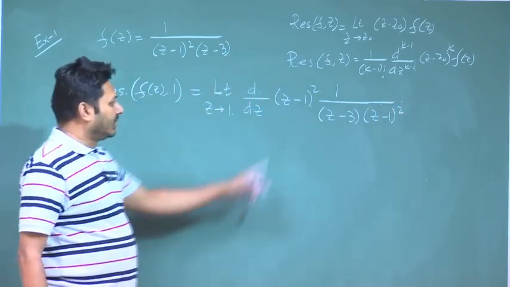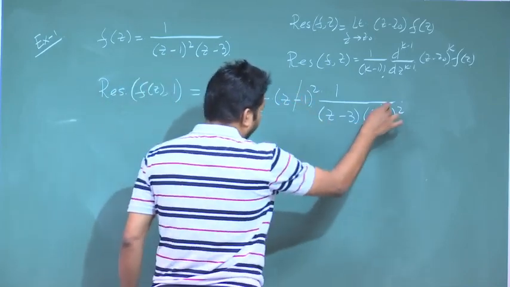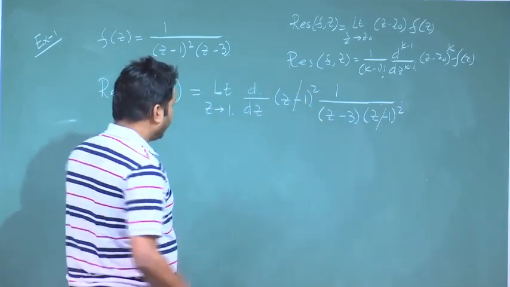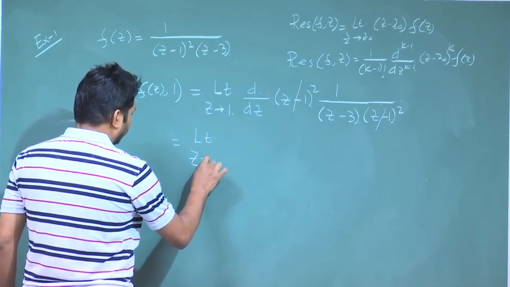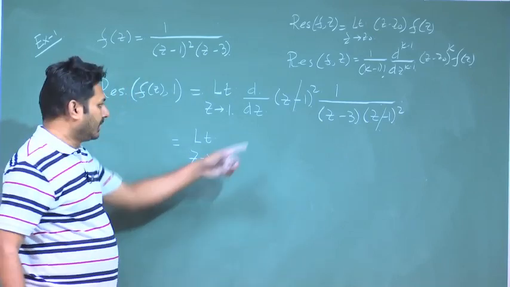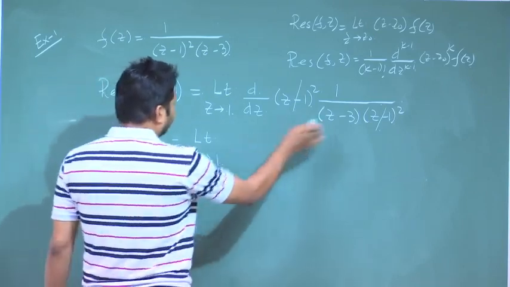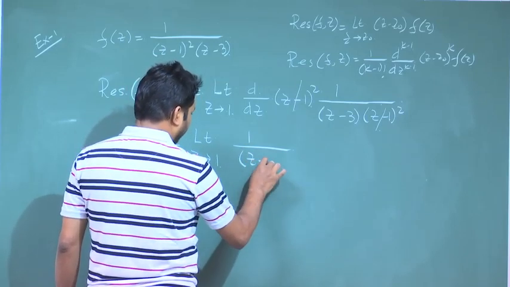Now this quantity will cancel out, that is why we multiply by that, and then I need to take the limit z tends to 1, and the derivative of this quantity is 1 divided by (z minus 3) square.